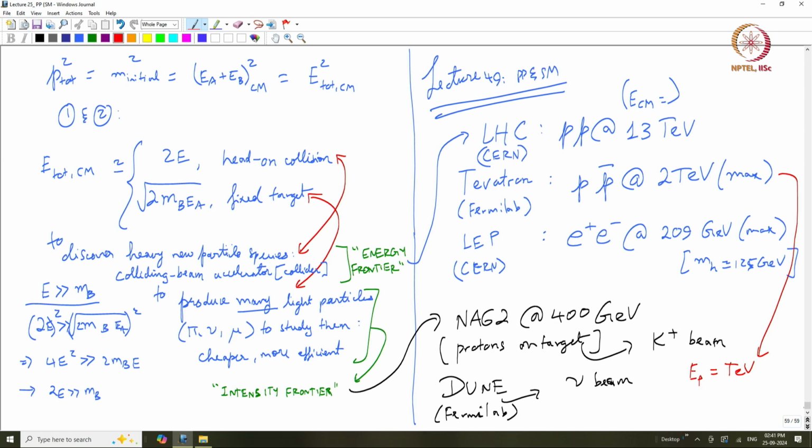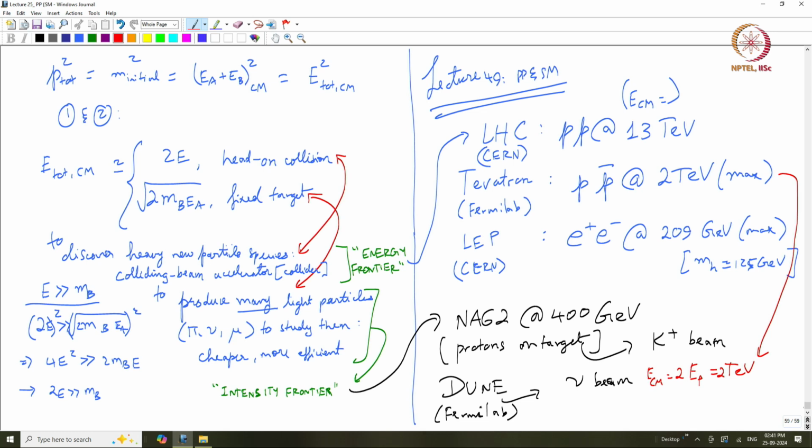And so you got a center of momentum energy of 2 TeV. Let's call this ECM, so ECM is twice the beam energy, which was 2 TeV, right?